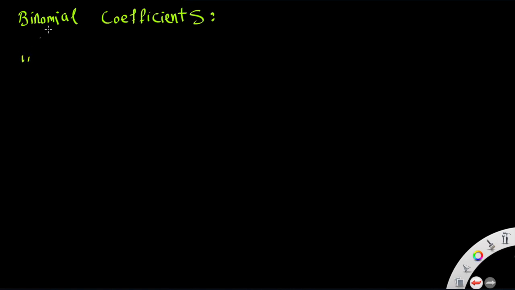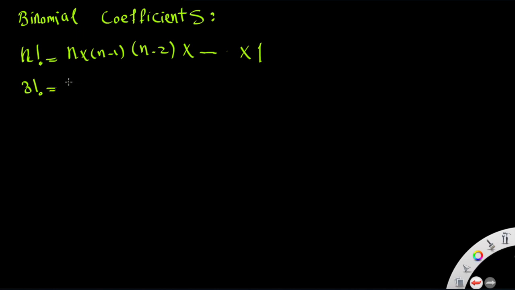For example, n factorial means multiplication of n and all the positive integers until 1. So it would be n times n minus 1 times n minus 2, and you continue till 1. For example, 3 factorial would be 3 times 2 times 1, giving you an answer of 6. 4 factorial would be 4 times 3 times 2 times 1, which is 24.